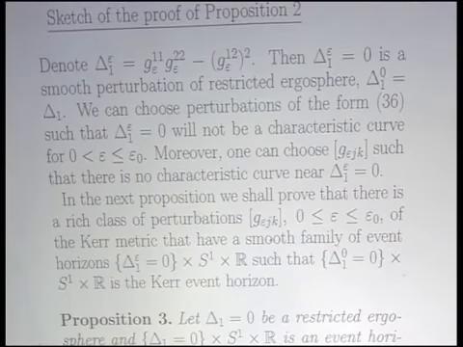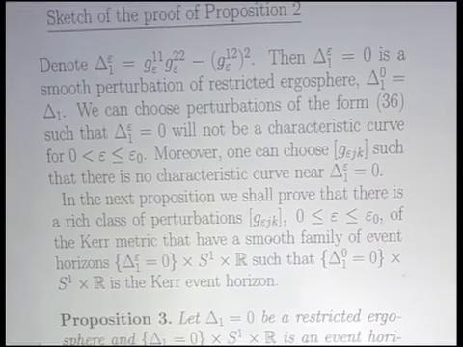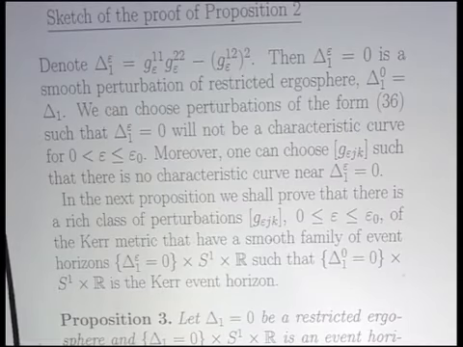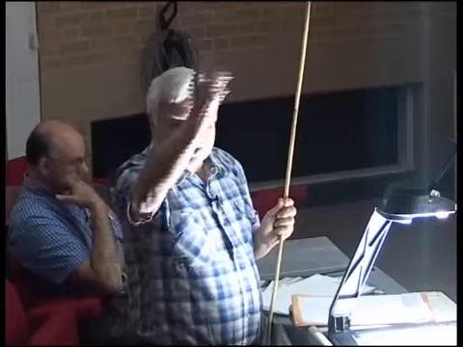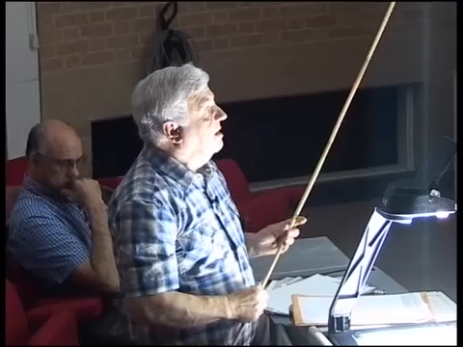Then one can construct a metric such that this will be a black hole event horizon for this metric. So take this metric which is unstable, but if you take any perturbation of the event horizon, you can construct a metric such that it will be the event horizon for such a metric.